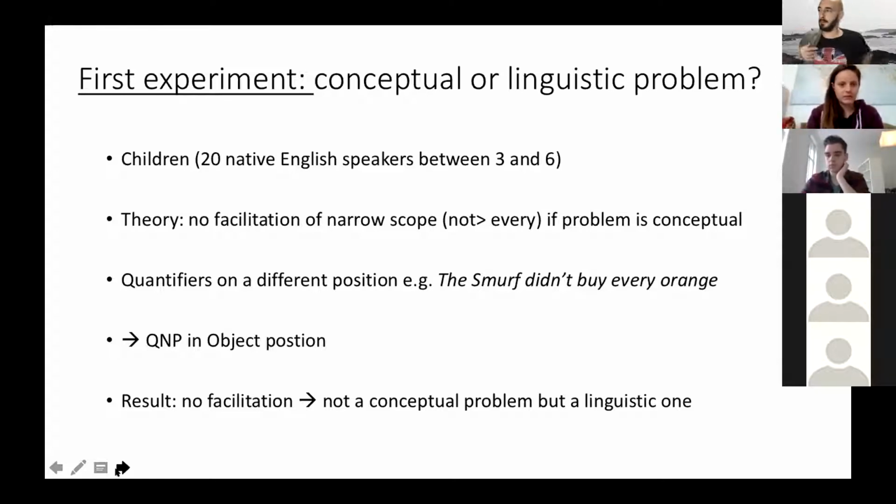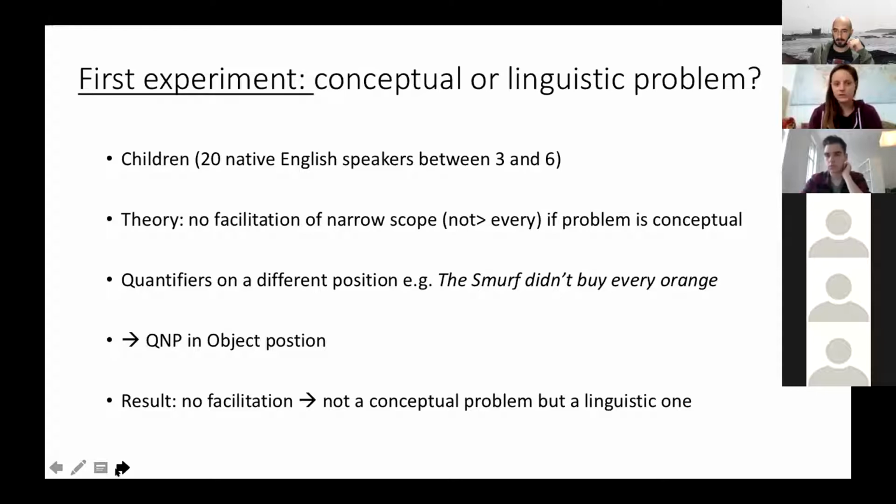And they put the quantifiers in a different position. They put a universal quantifier in the object position. The example is "The Smurf didn't buy every orange." So the theory was that if the quantified expression is in the object position, it should facilitate the non-isomorphic interpretation for children if it is a linguistic problem, and if not, then it's a conceptual problem.